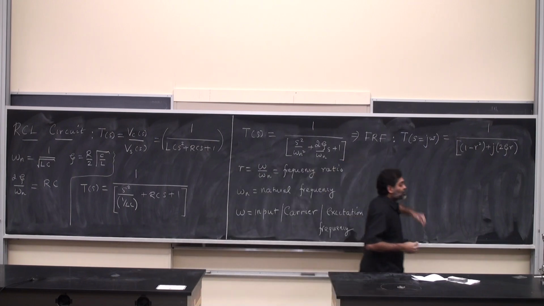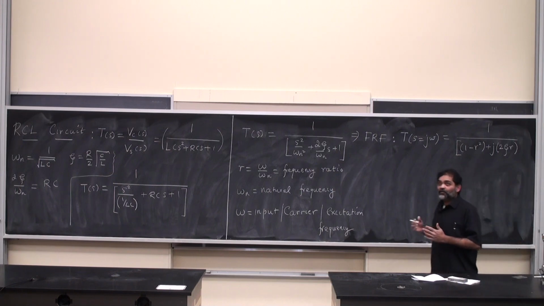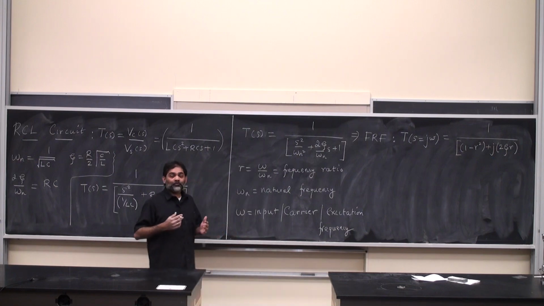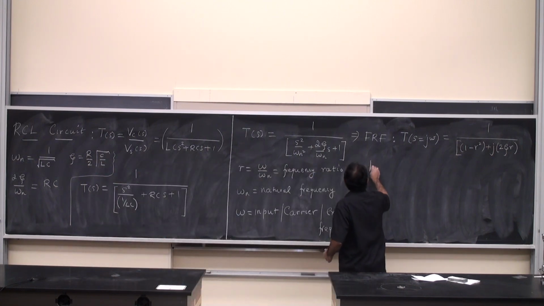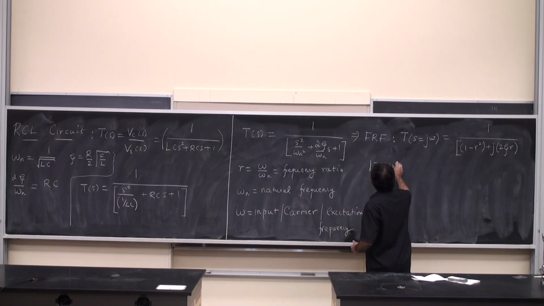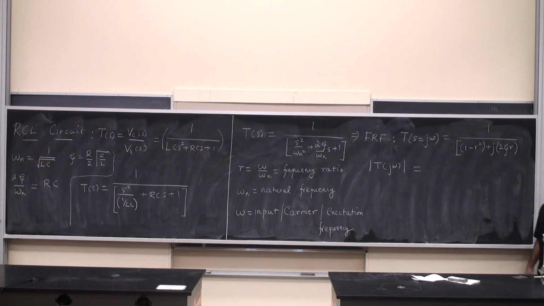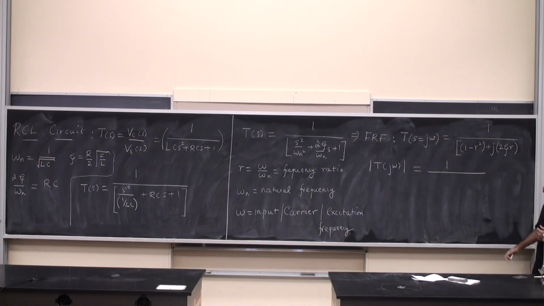Then we decided to say, okay, what's the value of omega, input frequency, that gives me the maximum peak for the magnitude of the frequency response function. So magnitude of T of j omega is the magnitude of the numerator, which is 1, over the magnitude of the denominator.